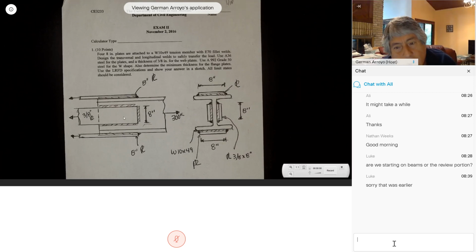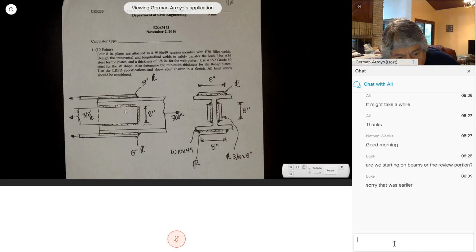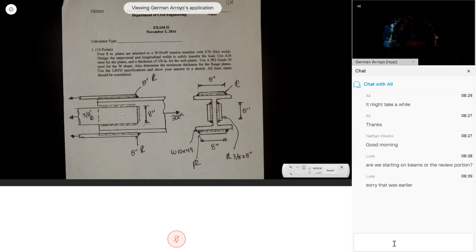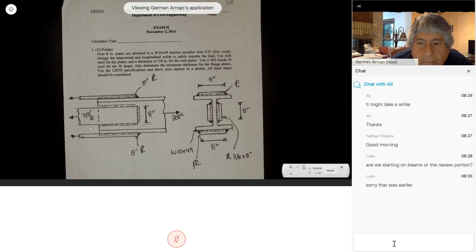At that time, we used to call it fracture. So I'm going to check how much load this plate can take in yielding and also in rupture. What else do you think that I need to check for this plate? What else do I need to check?